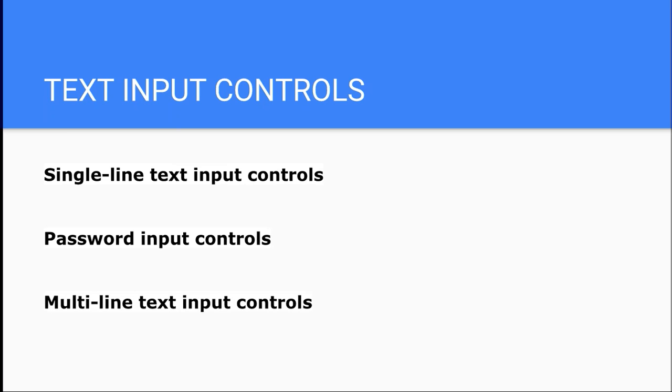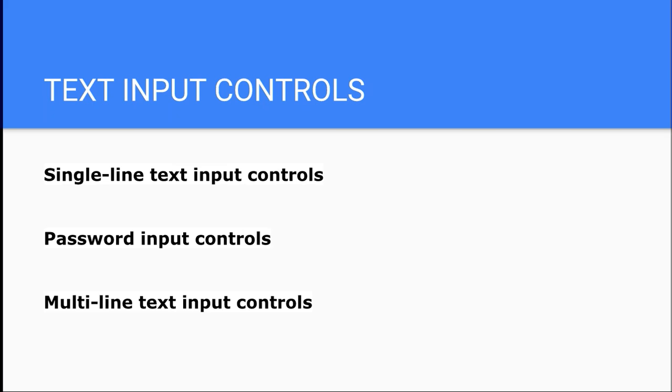And the next one is multi-line text input controls. This is used when the user is required to give details that may be longer than a single sentence. Multi-line input controls are created using the HTML textarea tag.